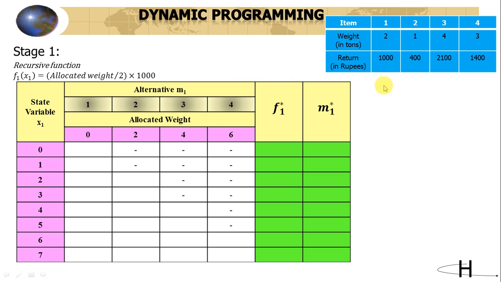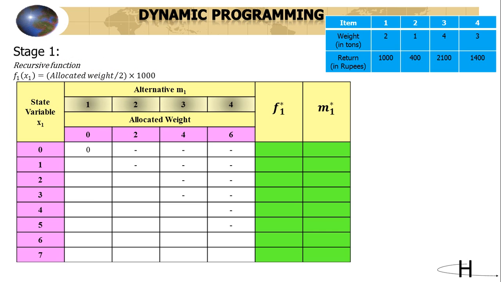Okay. Now let us consider state variable x1 equal to 0. At the same time the allocated weight is, let us consider 0. So when we consider state variable 0 and when we allocate weight 0 of item 1, in that case return will be 0. So this value 0 will be obtained if we put allocated value 0, divide by 2, multiply by 1000, which is 0.